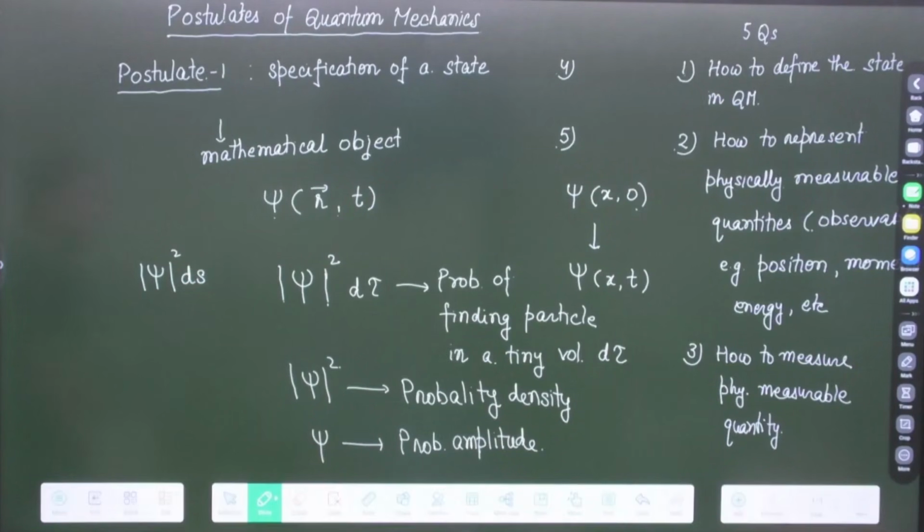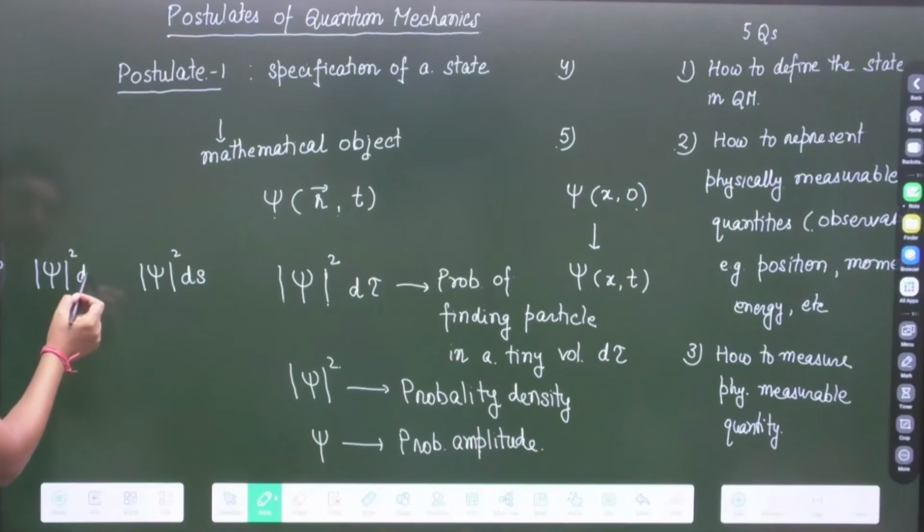Now what will be the probability if you have a one-dimensional problem and you want to find the probability of finding the particle between x and x plus dx? This length is dx. So the probability of finding the particle in this dx length will be psi square dx.